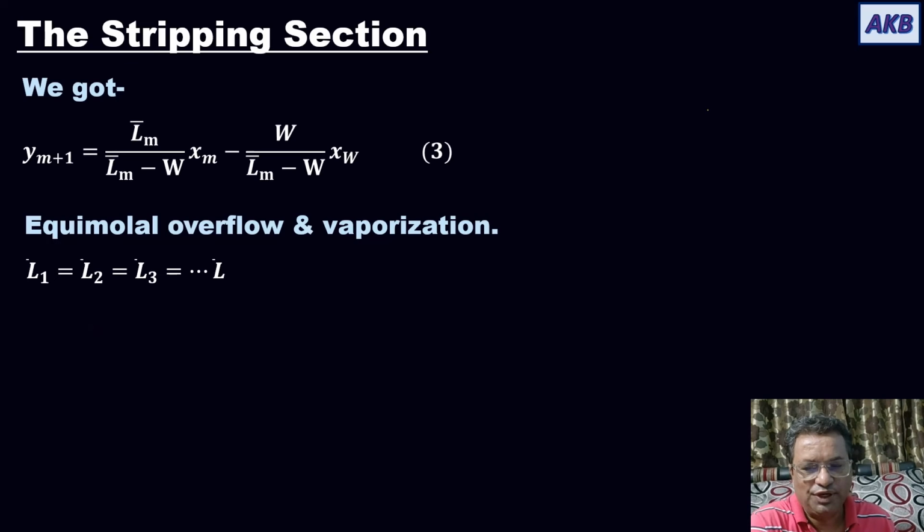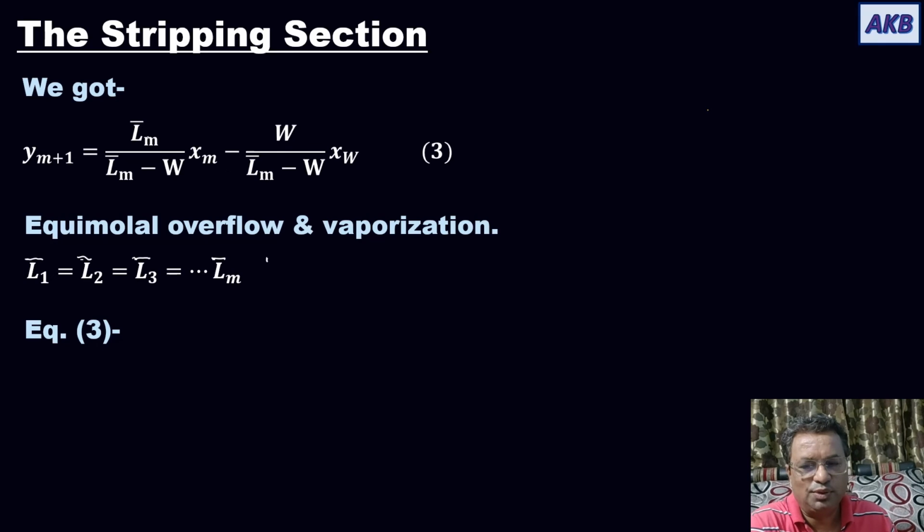The liquid molar flow rates in the stripping section are the same for every tray. That means L bar m can be any of this liquid flow rate. It could be the liquid flow rate coming from the first plate in the stripping section, or the second plate in the stripping section, or the m-th plate from the stripping section.